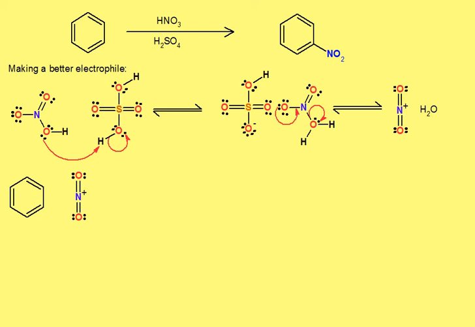So now, while this has been going on in the mixture, if we bring in the benzene, it can use its electrons to attack that improved electrophile, because that would cause an octet rule break if the nitrogen to oxygen pi bond didn't break with it.